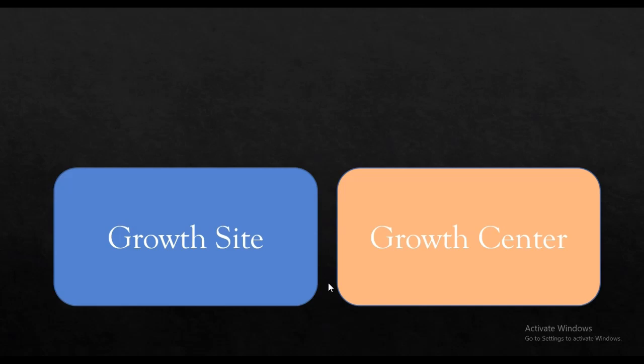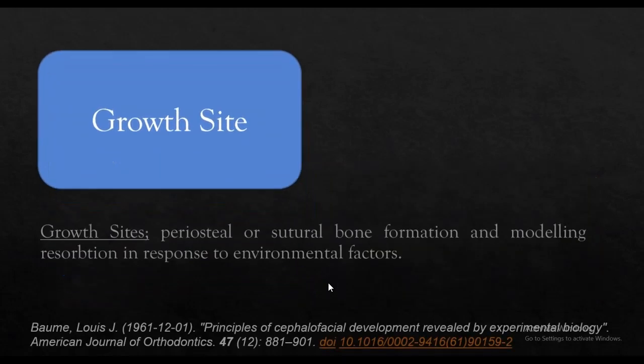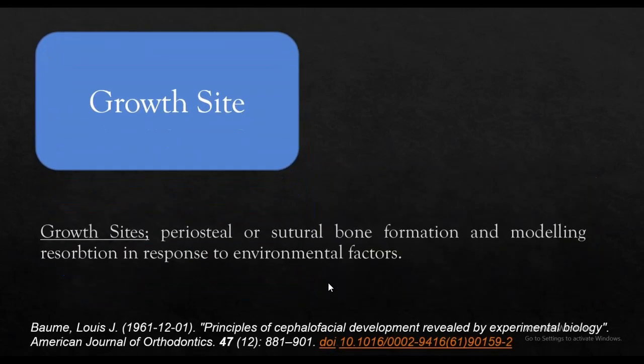What are growth site and growth center? The term growth site was first described by Bohm as a periosteal or sutural bone formation area responding to environmental stimuli with adaptive resorption.